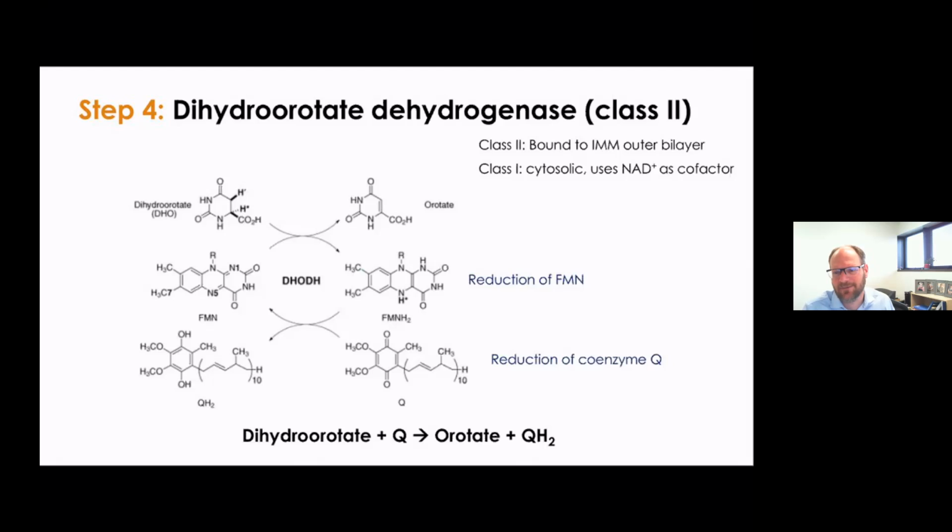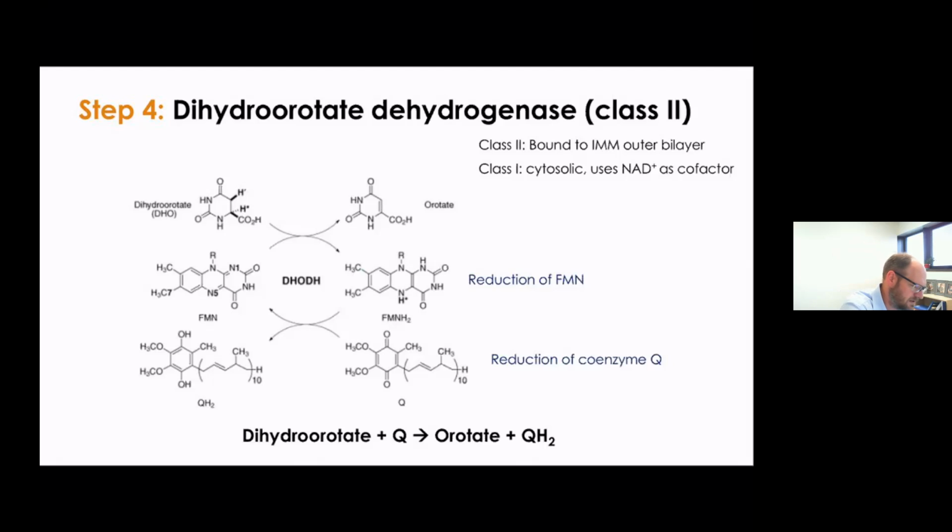Class 2 is bound to the inner membrane. Class 1 is cytosolic. See, I just need to look at my slides. And then it goes through this intermediate called FMN. You'll see this in a number of reactions that interact directly with coenzyme Q, it's mediated through this FMN, flavin mononucleotide, cofactor intermediate.